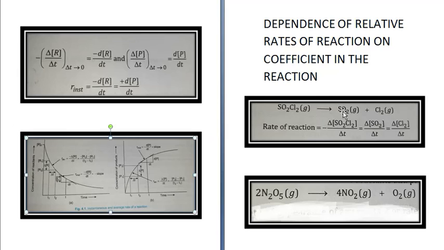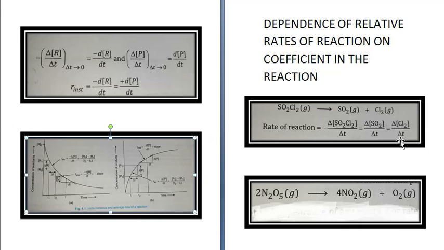So here also 1, 1 and 1. So stoichiometric coefficients are the same. So rate of reaction will be minus delta SO2Cl2 upon delta T, that is minus because it is reactant, or delta SO2 upon delta T, this will be plus because it is product, or delta Cl2 upon delta T, again plus because it is product.